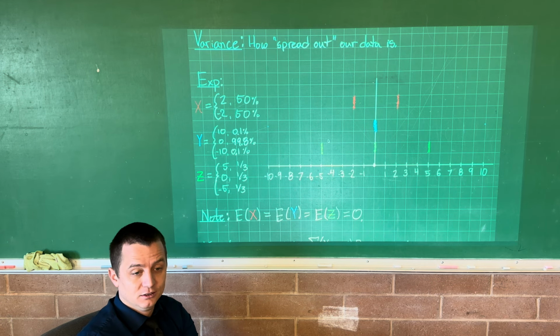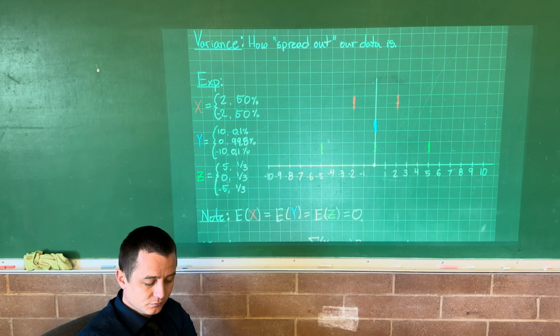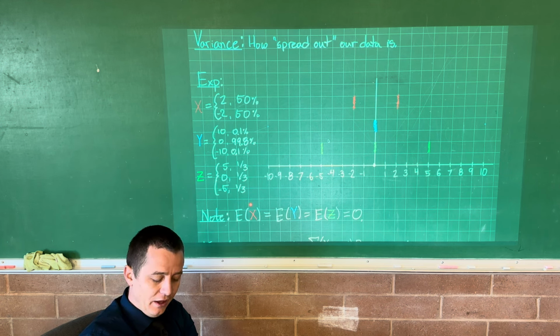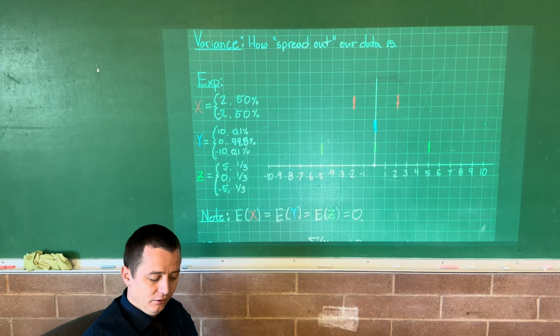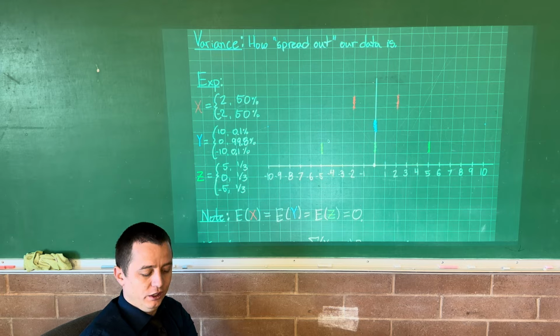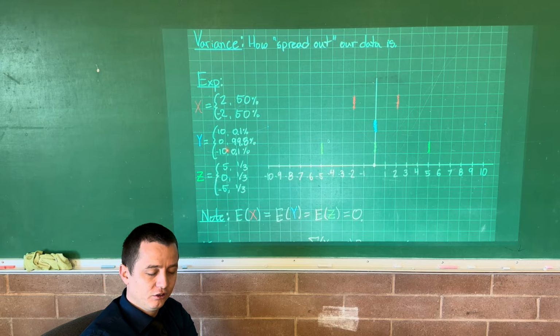Make sense? Don't they all have an expected value of 0? Yeah, notice that they all have an expected value of just 0. Calculating the expected value of this, it would be 2 times a half plus negative 2 times a half, 0. This one would be 10 times 0.001, plus 0 times 99.8, and negative 10 times 0.001.